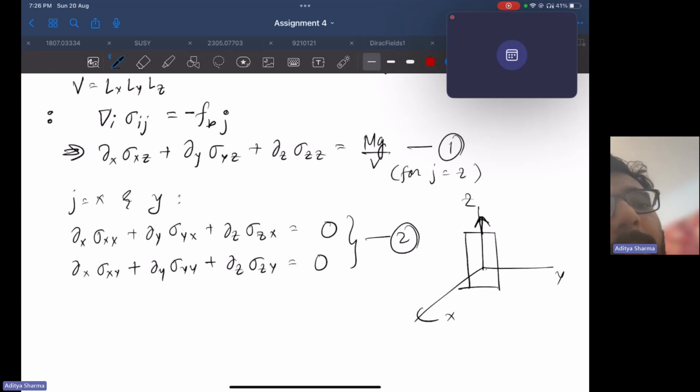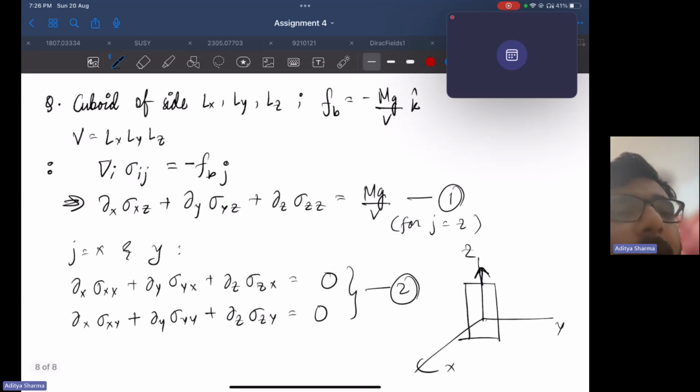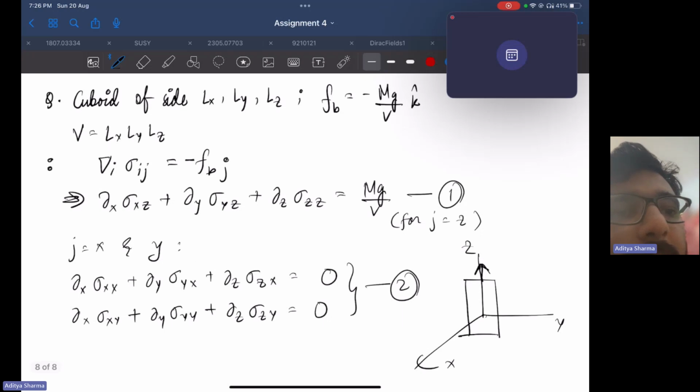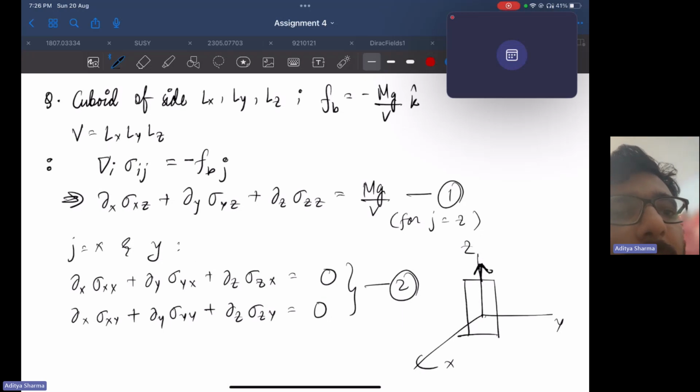The body force has been applied negative to the force which is being applied on it. So the force applied is something like this. The negative force, somebody is pulling the material on the top face, and the body force is like pulling it inside.